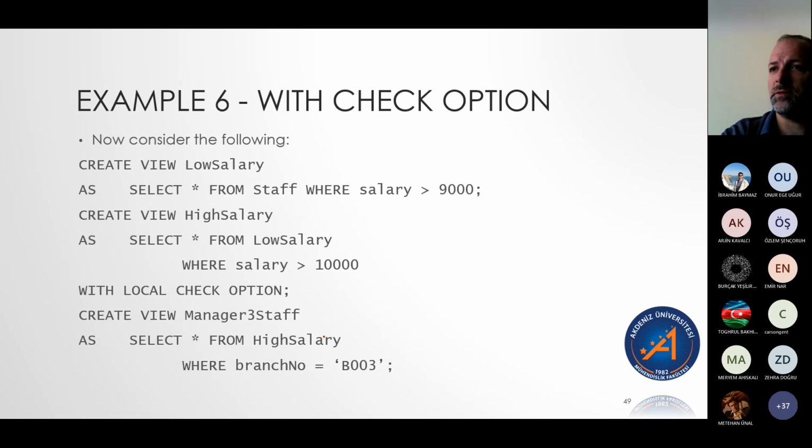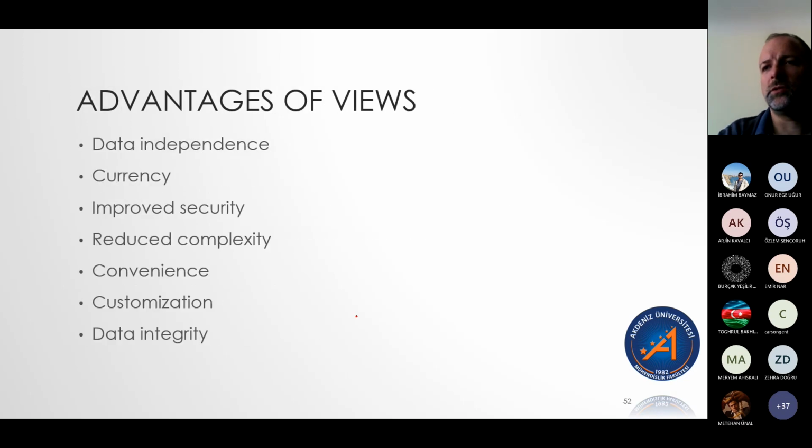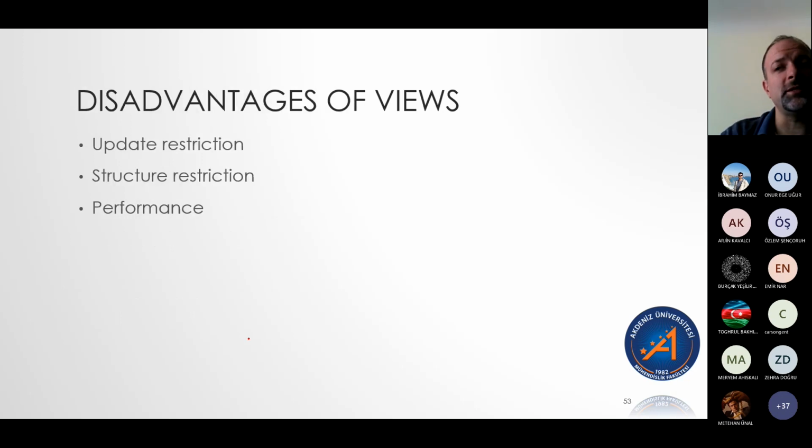So back to reduced complexity, data integrity, and we know that we always get the most up-to-date data. There can be performance issues. I did talk about that, because if we always get data directly from the table itself, then we're always getting data immediately, basically.